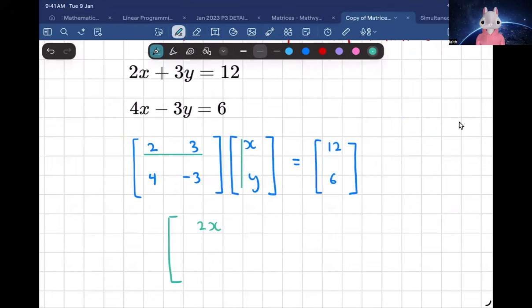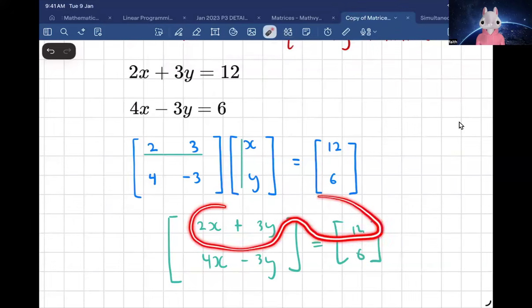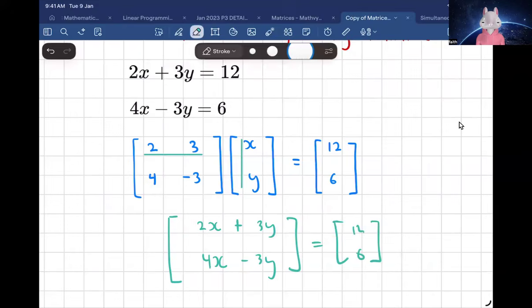And then I'll add on to that 3y. How about the other one? 4x minus 3y. And wouldn't that be equal to 12 and 6? So can you see that we didn't change anything? We just wrote it in a different form. Okay, good. It's important.